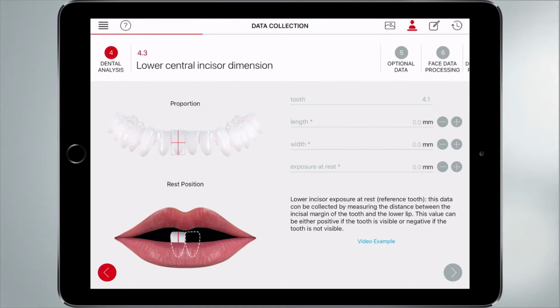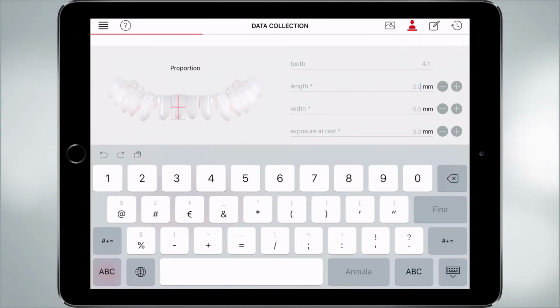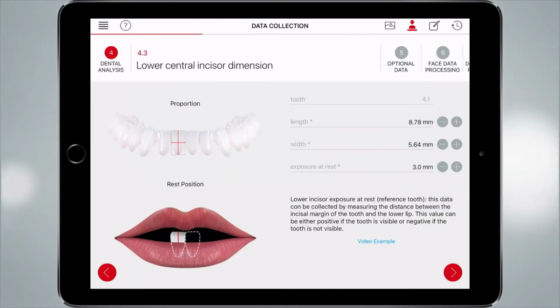You can write down the length 8.78, that is the length of the 41, and the width is 5.64. The exposure at rest at this point has a positive value, plus 3 millimeters, so they are already quite visible. You also have the video example of the same one, but we have seen it already in the previous one, so we don't need to see it again.